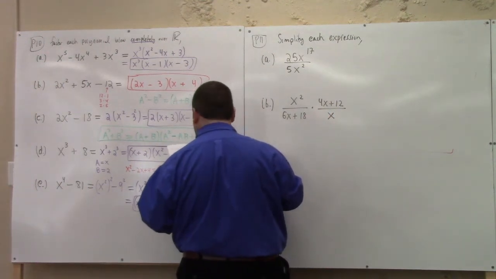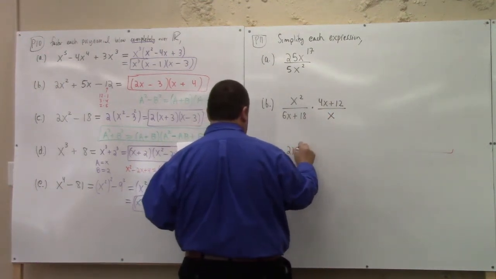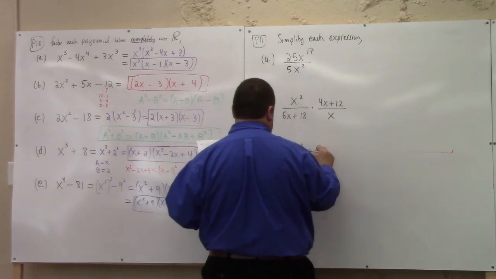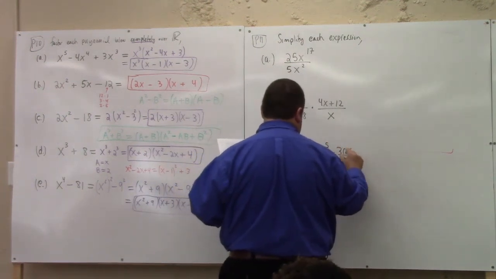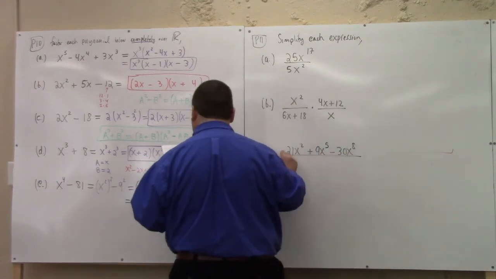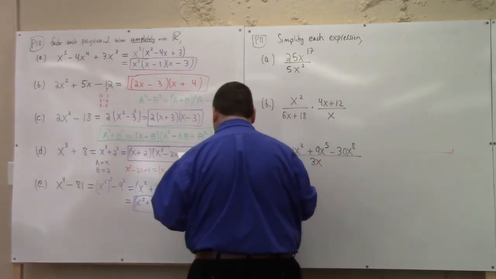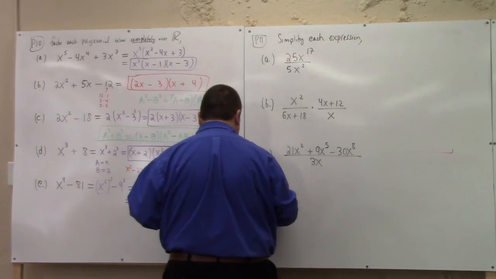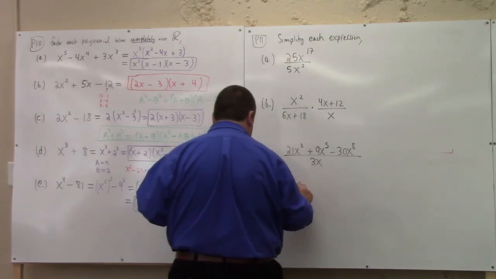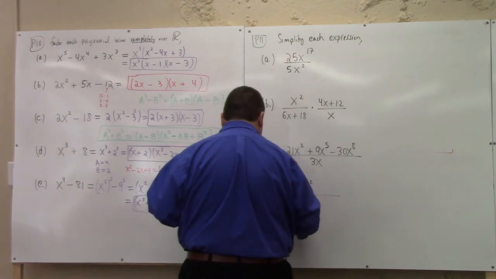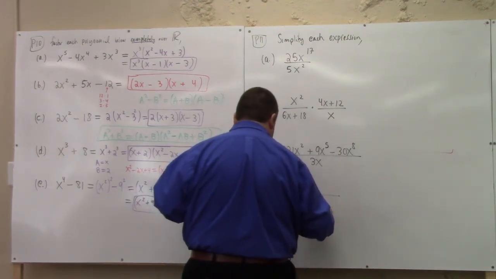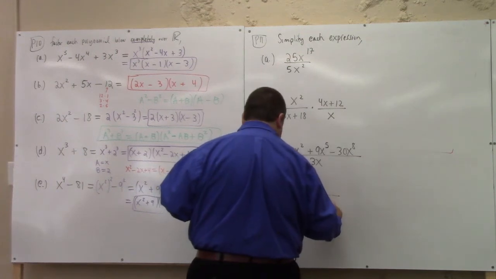C, I have 21x squared plus 9x to the power 5 minus 30x to the 8th divided by 3x. And then D, I have 8b squared divided by 16b to the power 5 minus 24b cubed plus 8b squared.